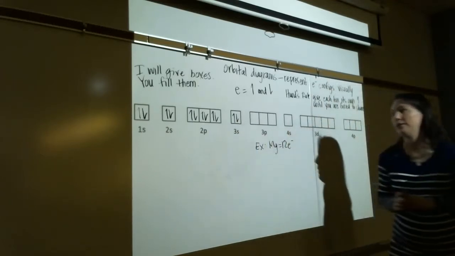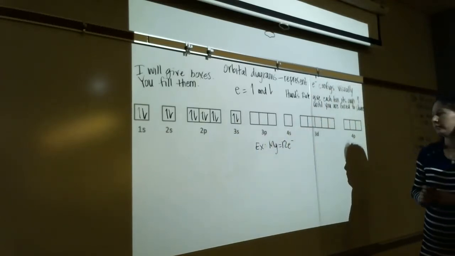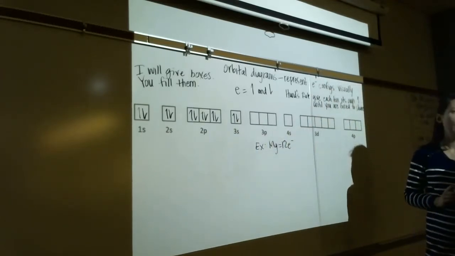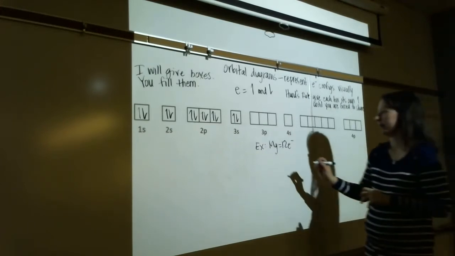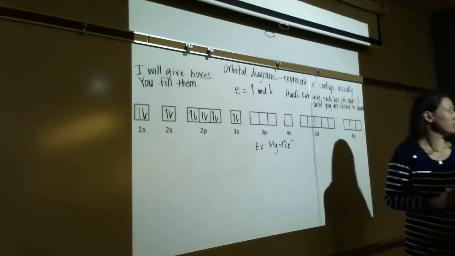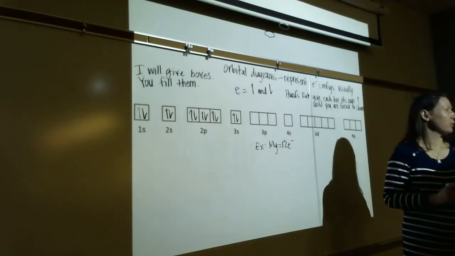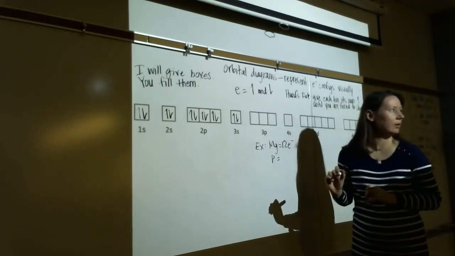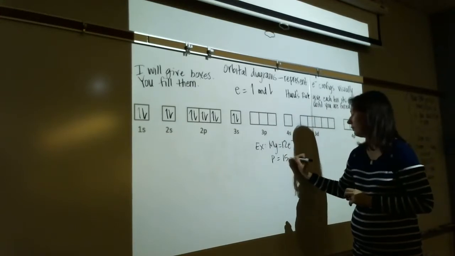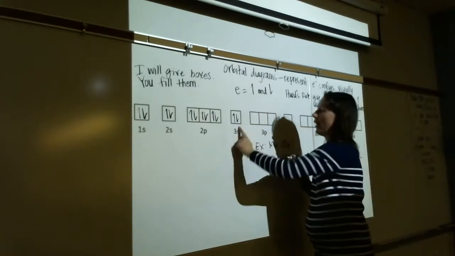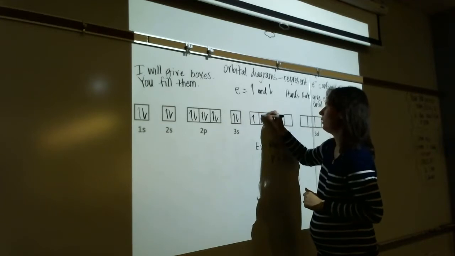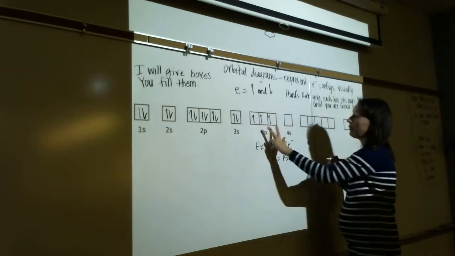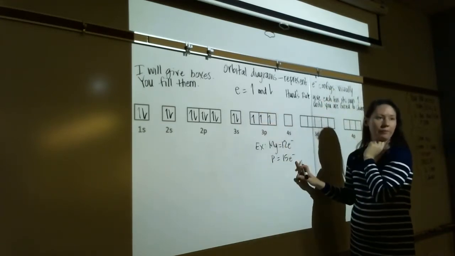Okay, that works out nice and neat. What if we had one like, let's do something like phosphorus. Phosphorus would be 15 electrons. So that gets me to 12, 13, 14, 15. That would be the correct answer for phosphorus.